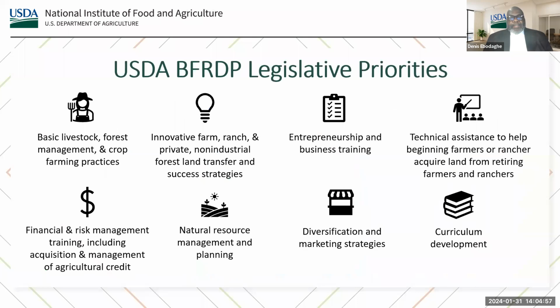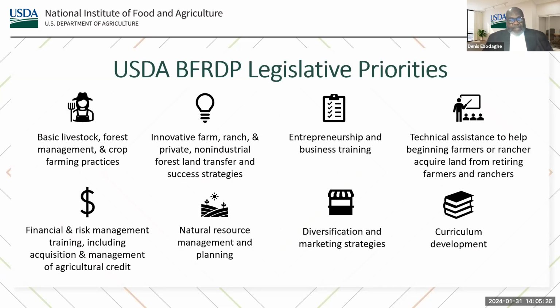We have 14 legislative priorities that Congress put in place for us. Now, all these 14 are important depending on the goals you are setting for the individuals you're going to train. Some of the important ones would be technical assistance, so farmers can acquire land from retiring farmers.